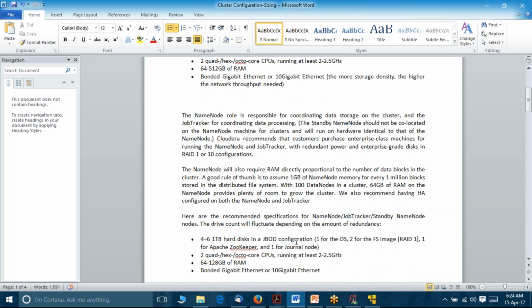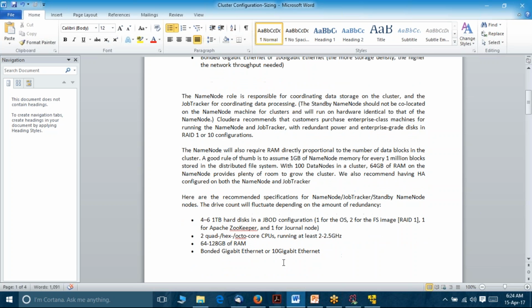And you also see, for name node, job tracker and even the standby name node, that is your secondary name node, you can see the configuration here.